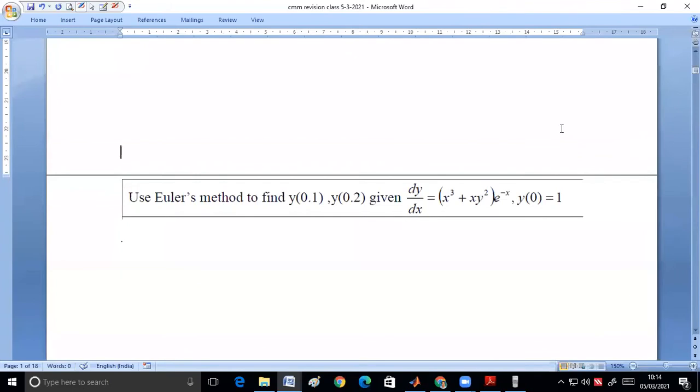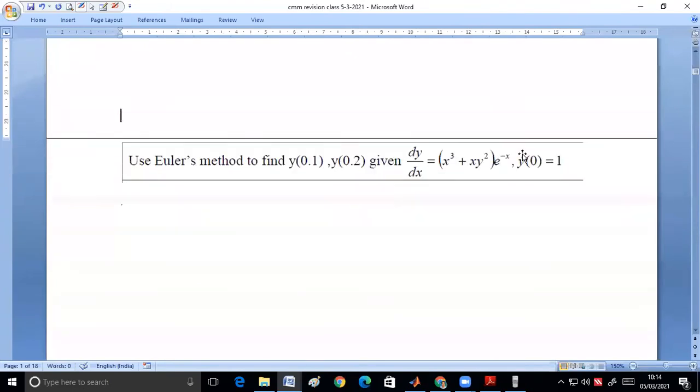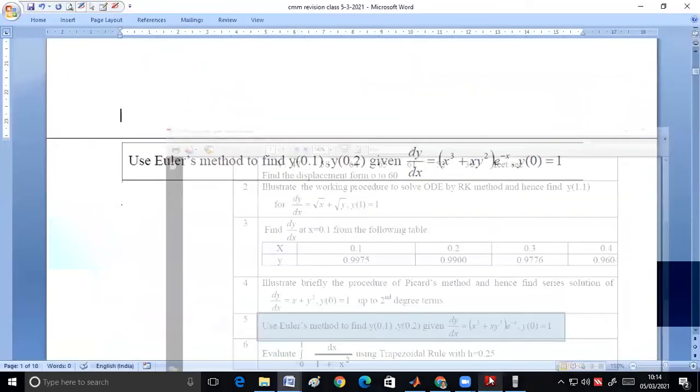How to solve this problem? First, I will explain the analytical and numerical method. Then we will discuss our MATLAB programming. I will explain both one by one. So this is our question.